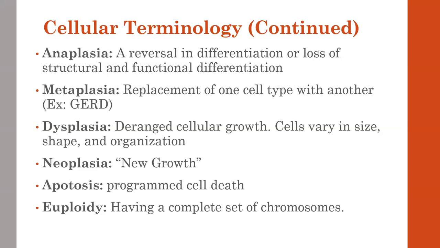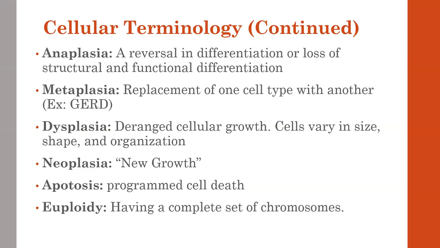When the cancer metastasizes, often these will be anaplasia cells that are moving to other parts of the body. Metaplasia is replacement of one cell type with another. For example, when we have stomach acid that keeps coming up and burning the esophagus, that tissue is damaged and it's replaced with another type of tissue.